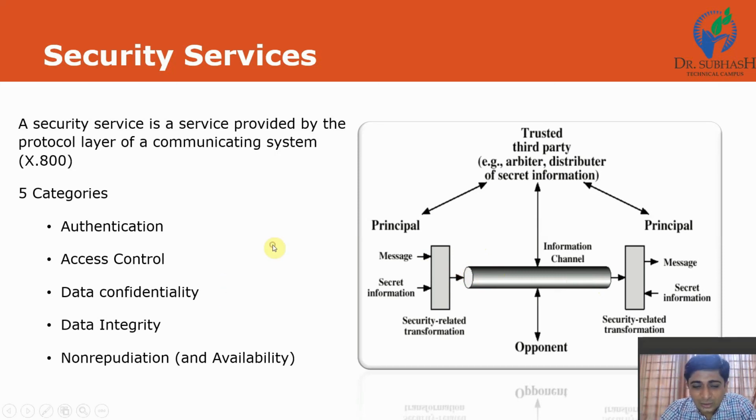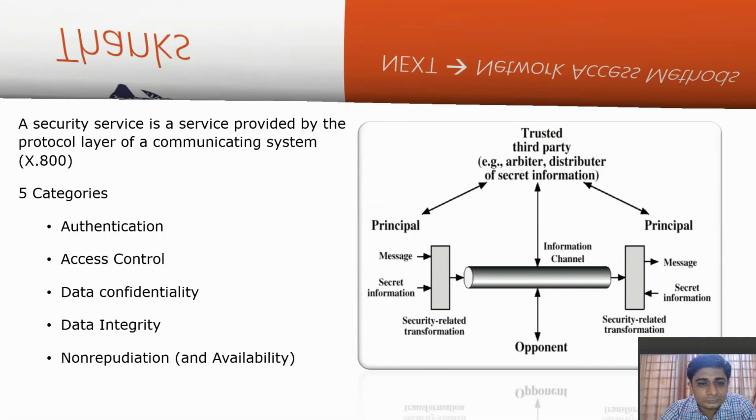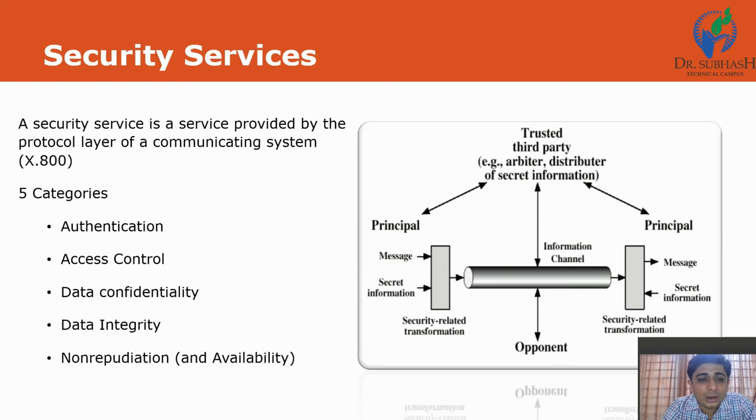In this security service, we have authentication. Unauthorized people may not access this information, so we can set authentication like a password. Encryption methods: an encrypted message cannot be accessed directly by anybody because there are encryption algorithms provided for a particular method, right?